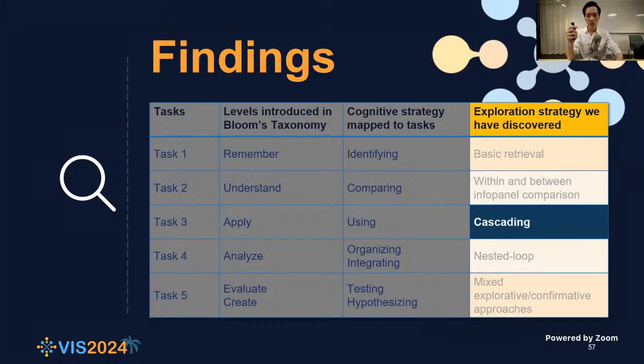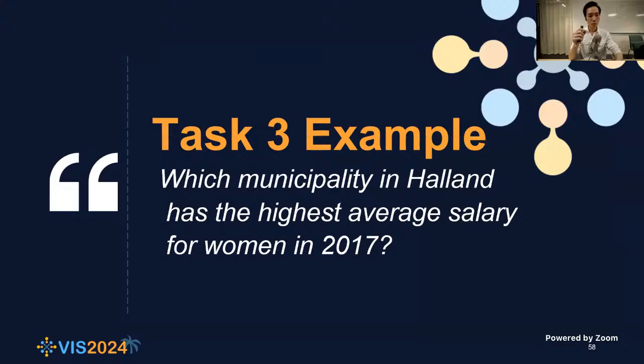And here I'll quickly show you one of the examples. The question was, which municipality in Halland has the highest average salary for women in 2017? Halland, which is a Swedish county. And here are two different strategies that we have discovered using our VA system.